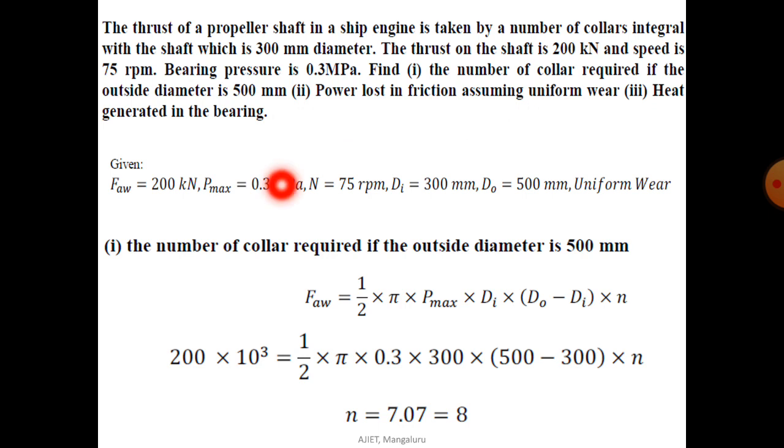When the bearing is subjected to axial load, we call it a thrust bearing. The thrust bearing design is entirely different from the general bearing, which is always subjected to radial load. The thrust bearing design is somewhat related to friction clutches. In friction clutches, there will be two cases: one is uniform pressure distribution and the other is uniform wear condition.